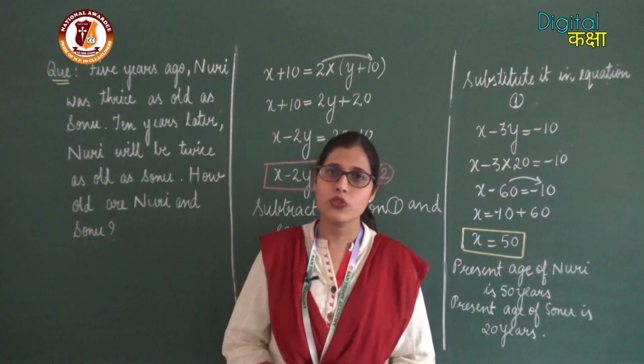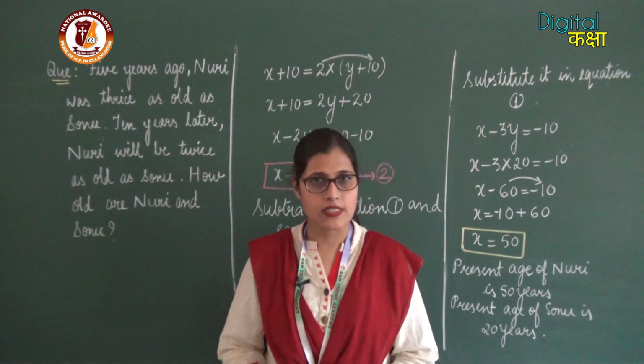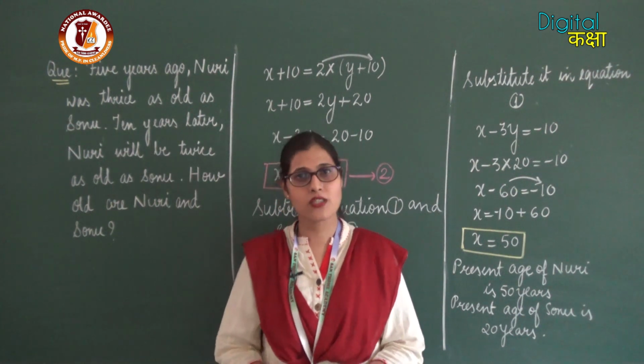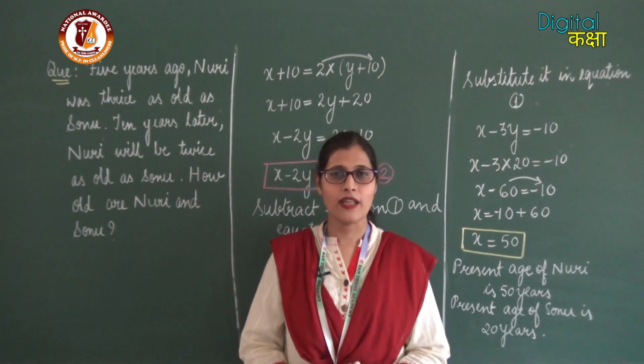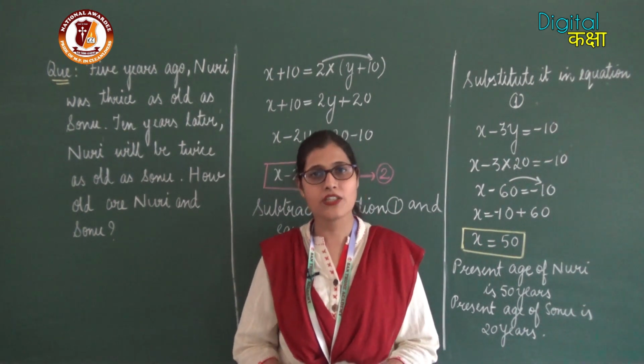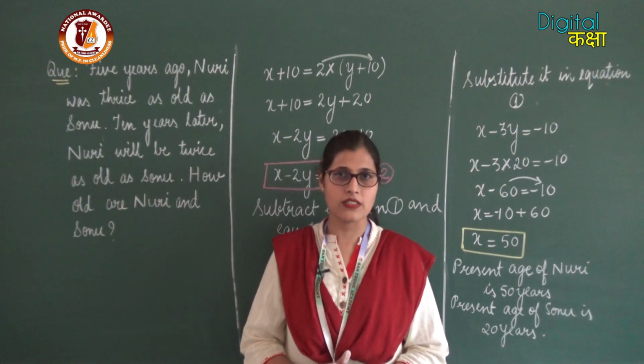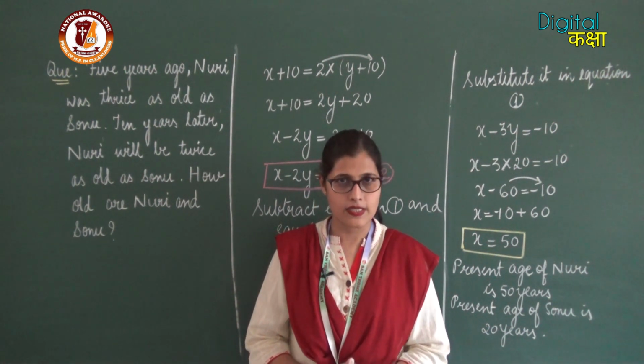In this manner, you can find the solution of any of the given questions. I hope you understood what I have explained and you have understood the concept of the elimination method of solving pair of linear equations in two variables.